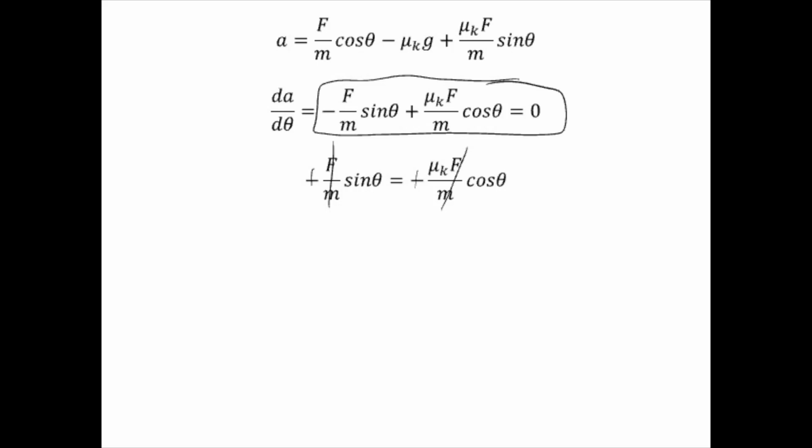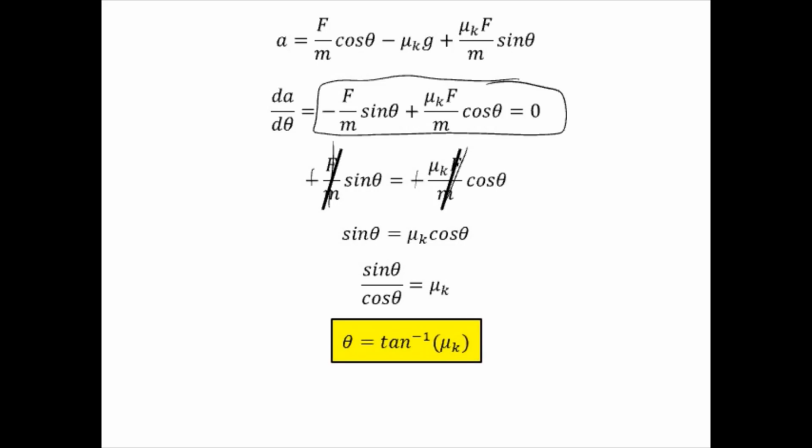So we end up with sine theta equals mu sub k times cosine theta. Divide both sides by cosine theta, and we end up with sine theta over cosine theta is mu sub k, which of course is tangent theta.